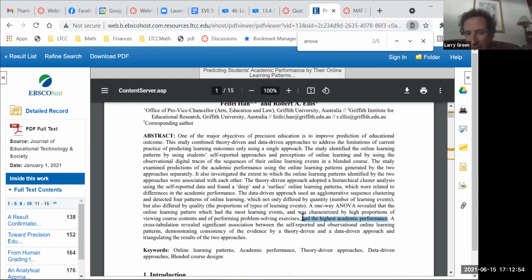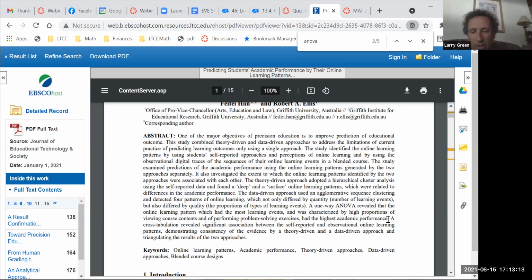It could have been GPA or the grade on the test. They looked at different types of styles, different learning patterns or teaching patterns, and they found out that it did make a difference.